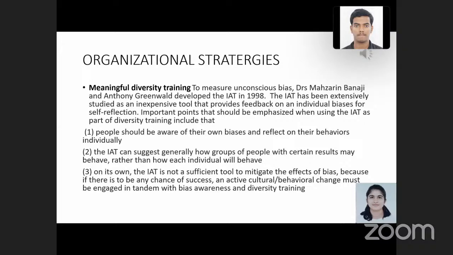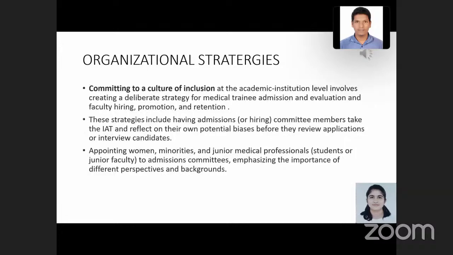On its own, the IAT is not a sufficient tool to mitigate the effect of bias, because for any change to succeed, an active cultural change must be engaged in tandem with bias awareness and diversity training.